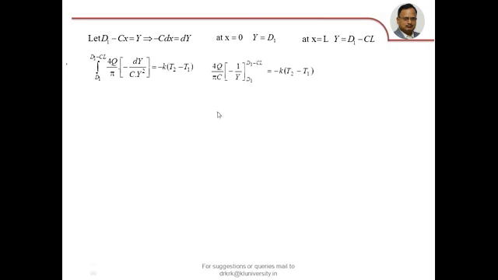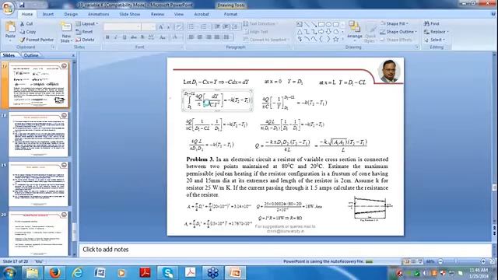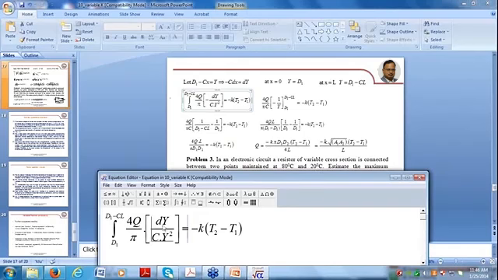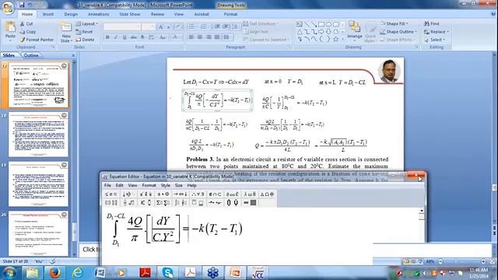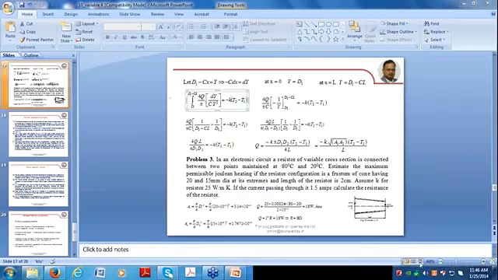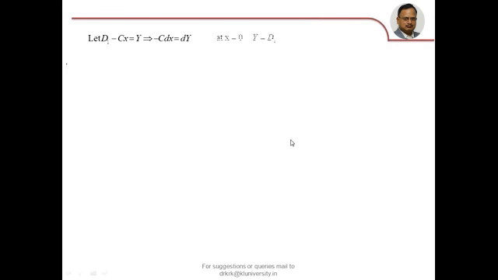So dy by C y square, with a minus sign now. Minus C dx is dy.